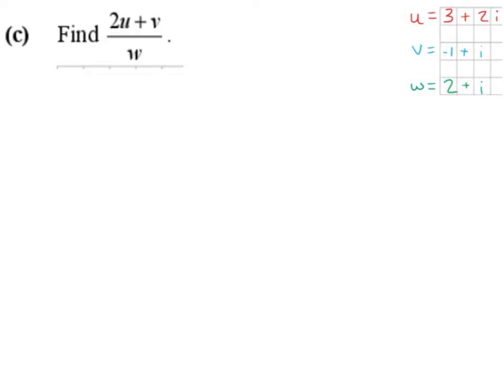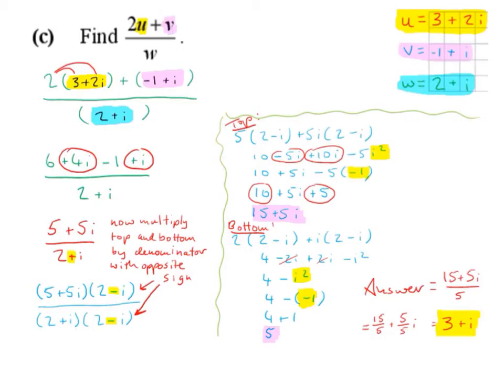Part C. Find 2u plus v divided by w, where u is equal to 3 plus 2i, v is equal to minus 1 plus i, and w is equal to 2 plus i. So we have a formula, and we're going to substitute into it, swapping the letters for brackets and putting into the brackets whatever the letters are equal to.